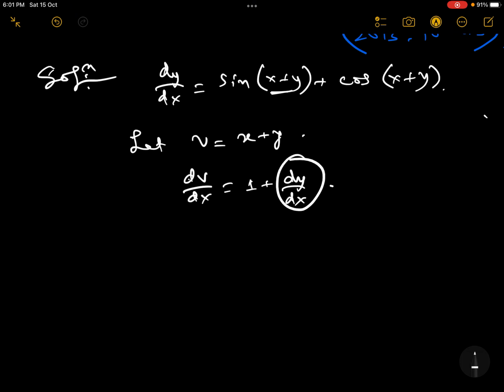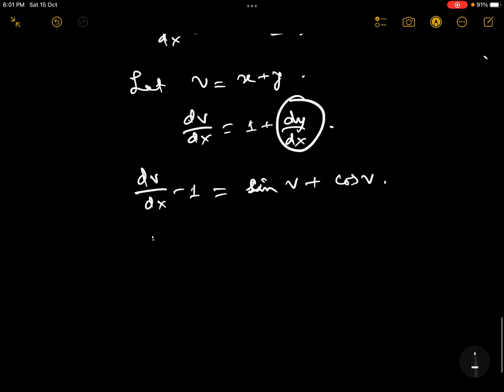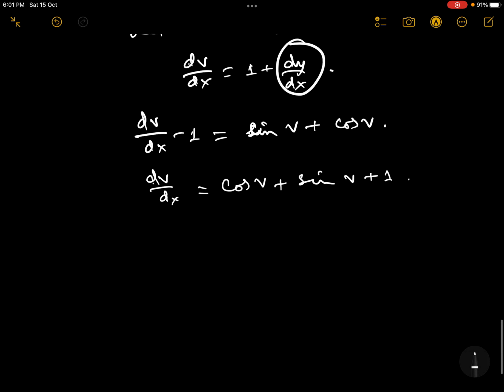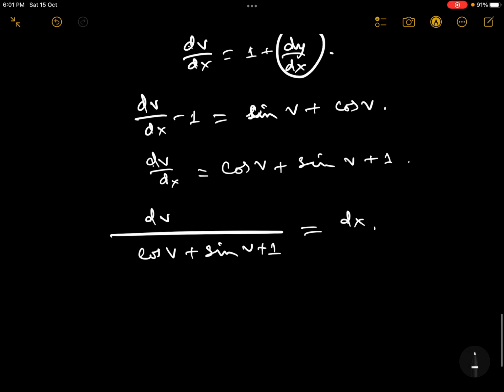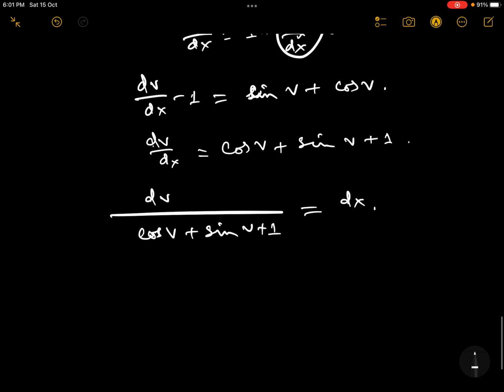So dy by dx will be dv by dx minus 1, equal to sine of v plus cos of v, or dv by dx equal to cos of v plus sine of v plus 1. We can separate the variables, all the v terms: dv upon cos of v plus sine of v plus 1 equal to dx. So this is a standard integration.